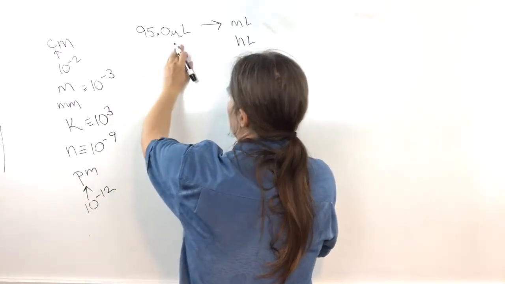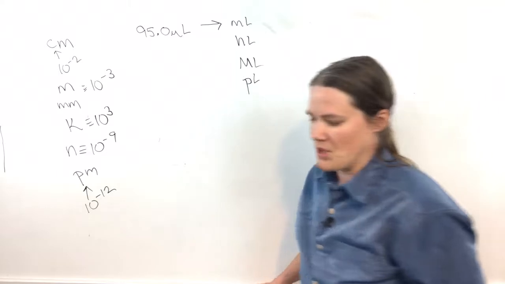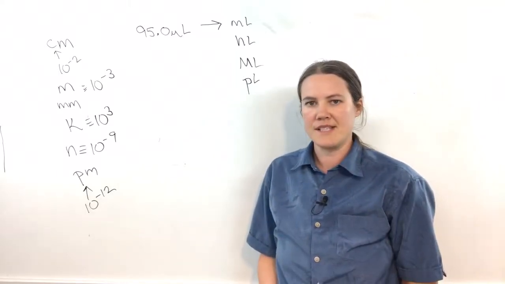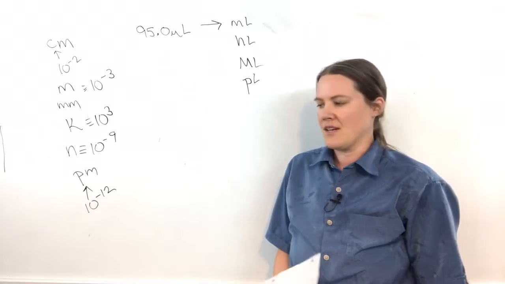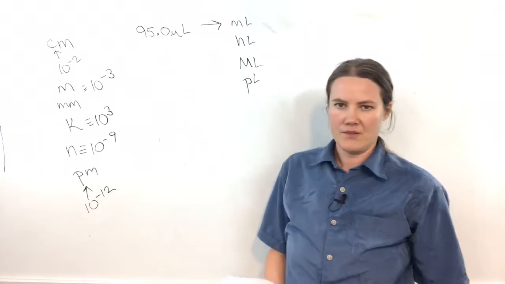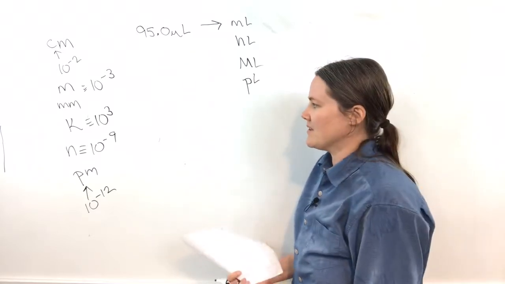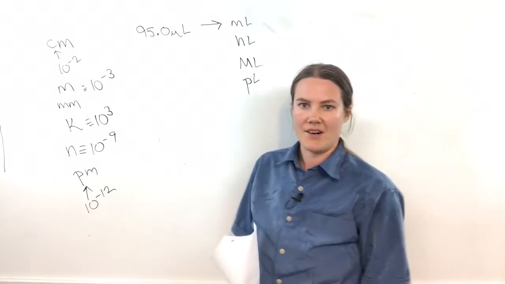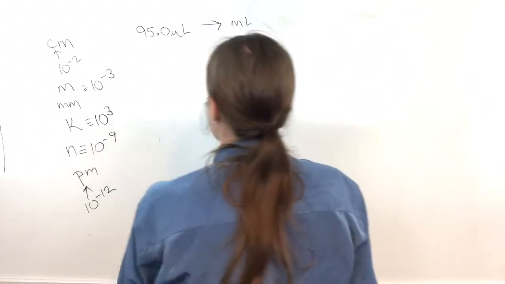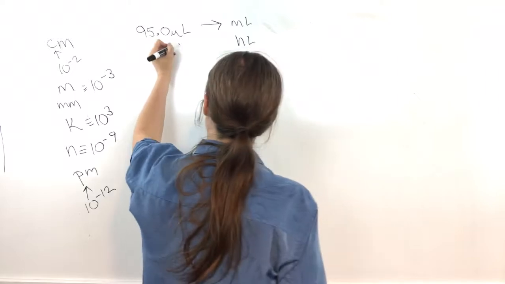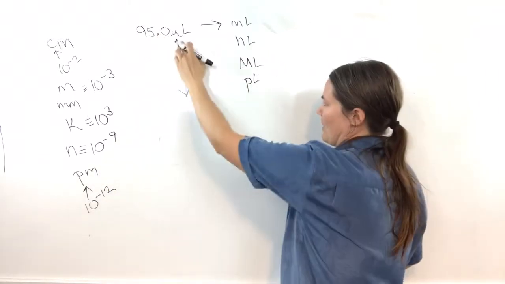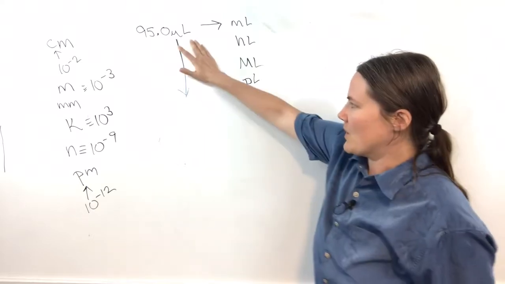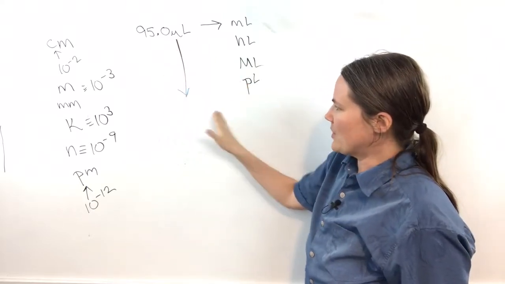I usually approach these problems in 2 steps. There are a lot of different ways to do this, so if you see a way that makes more sense to you, then do it that way, but this is how I like to do it. The first thing I like to do is write the number out with the prefix.